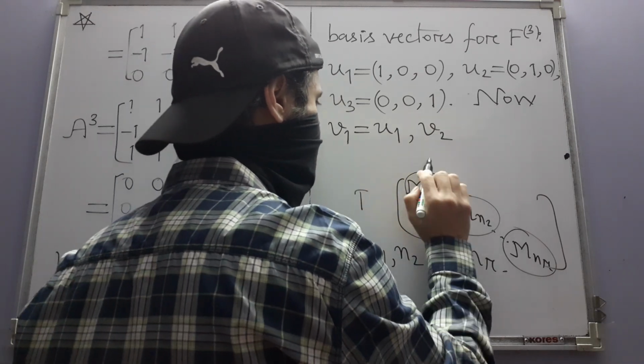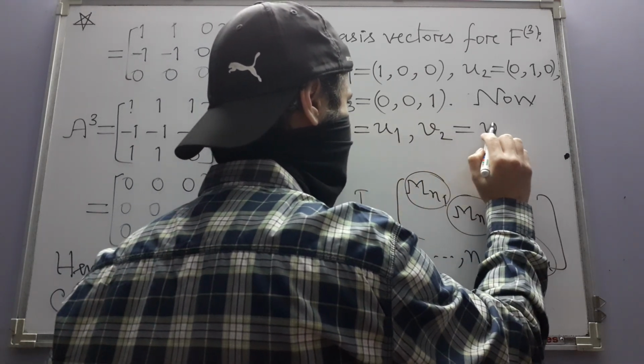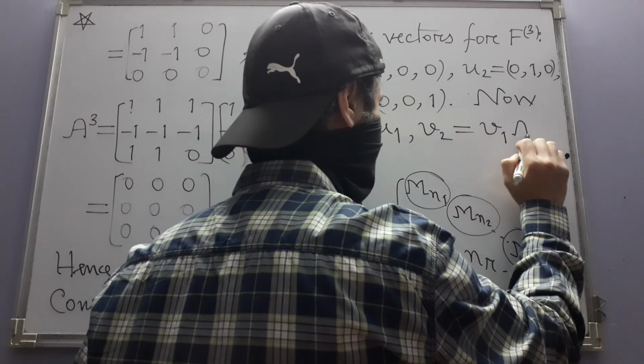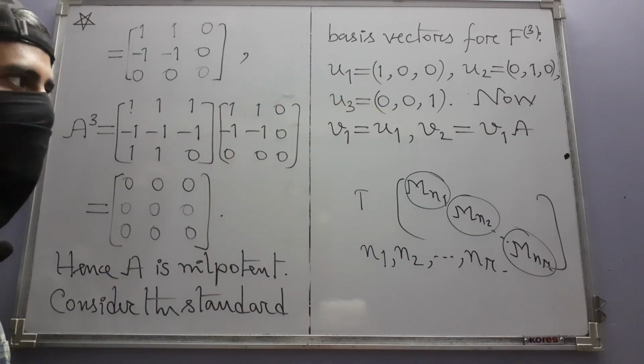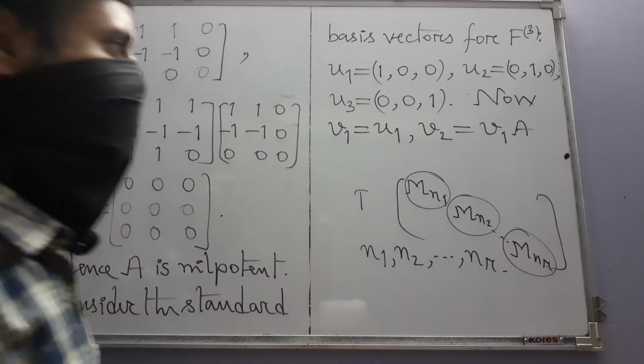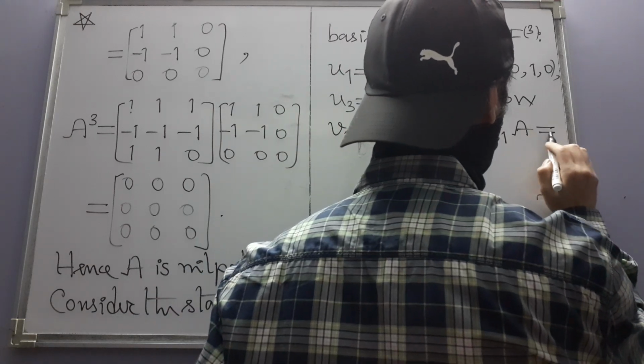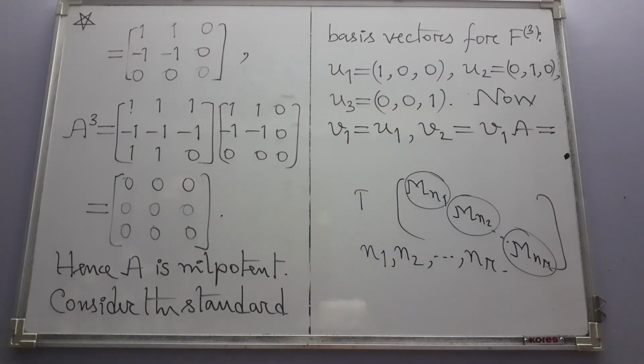What is V2? V2 is V1A, or U1A, same thing. Now, what will you get if you calculate the product this times A?